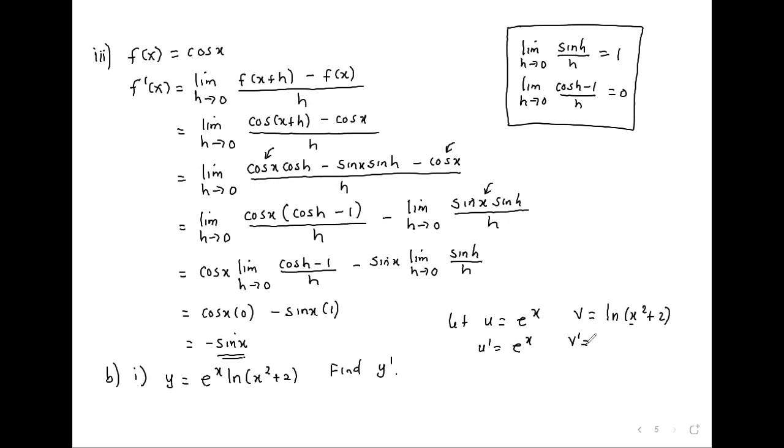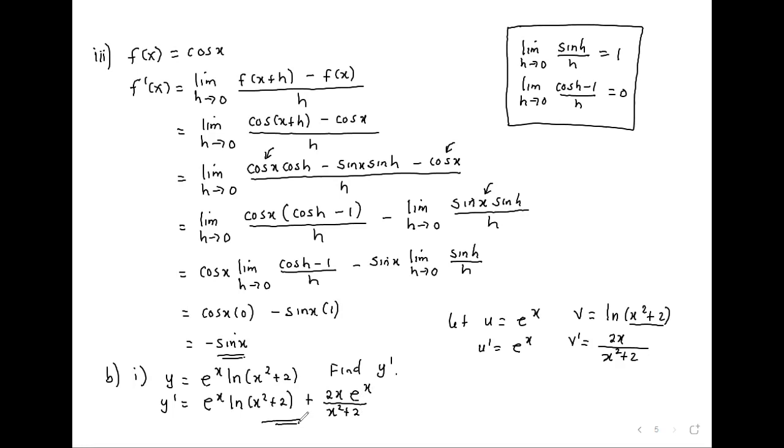Differentiate v: we differentiate x squared plus 2, we get 2x, and then divide by the whole x squared plus 2. So the derivative of y is u prime, which is e^x, multiplied by v, which is ln of x squared plus 2, plus v prime, which is 2x over x squared plus 2, multiplied by u, which is e^x. So this is the derivative.